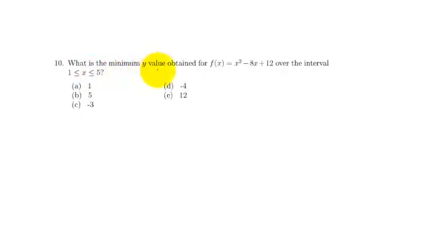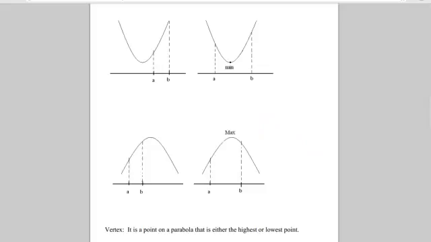What is the minimum y value obtained for f of x equals x squared minus 8x plus 12 over the following interval? Now, as a reminder, what we have is 4 different scenarios for parabolas, or for the quadratics. Now, depending on where the interval is, we may contain the vertex and we may not.